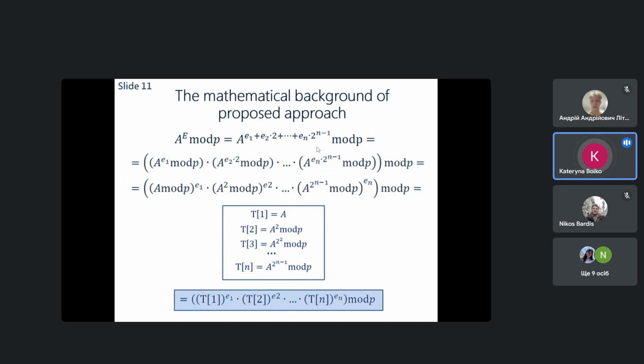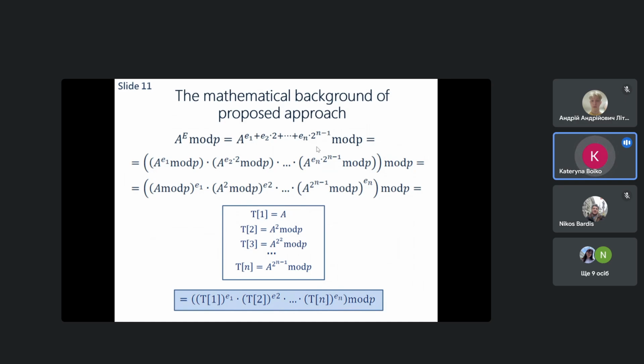The mathematical background of the proposed approach is presented on slide 11. If the exponent is represented in binary form, the exponentiation is performed according to the following formula.